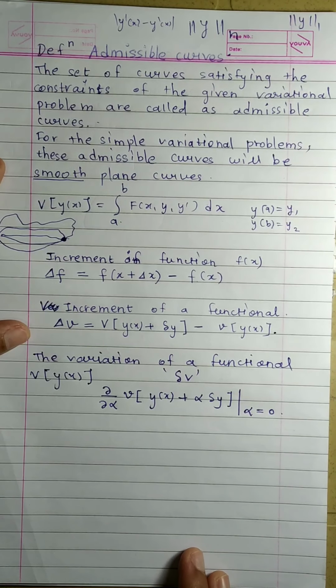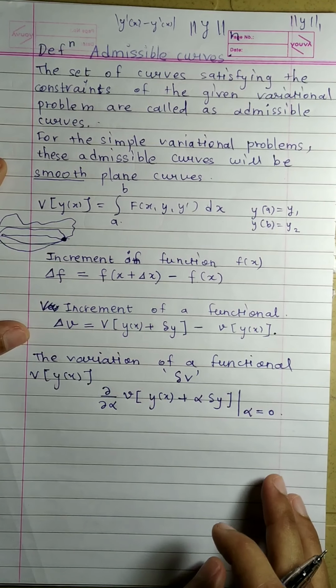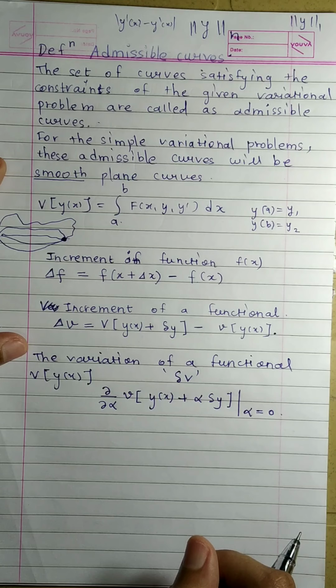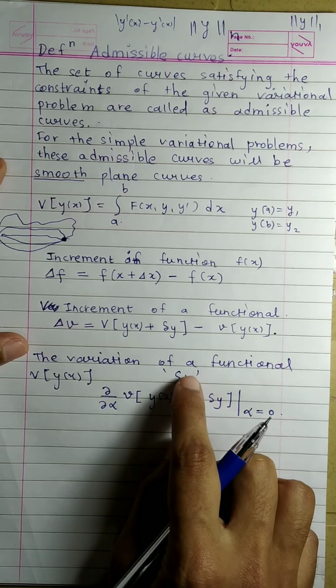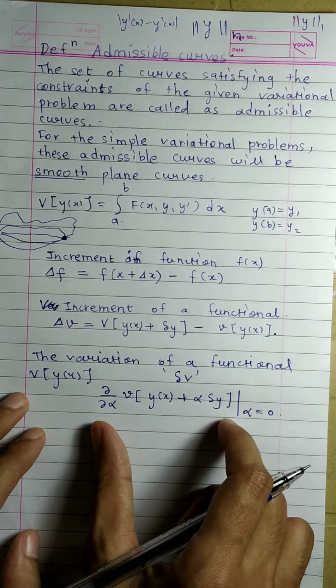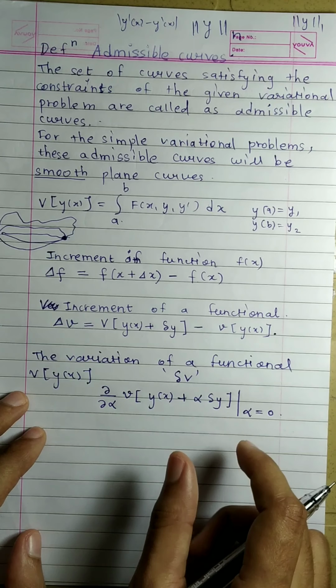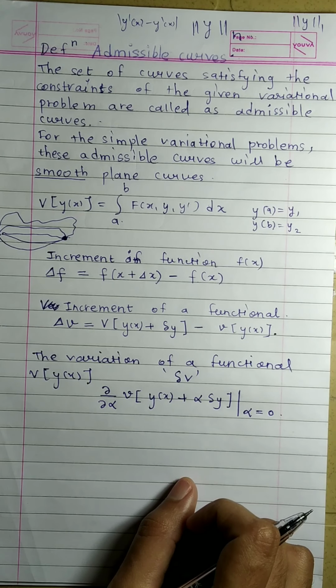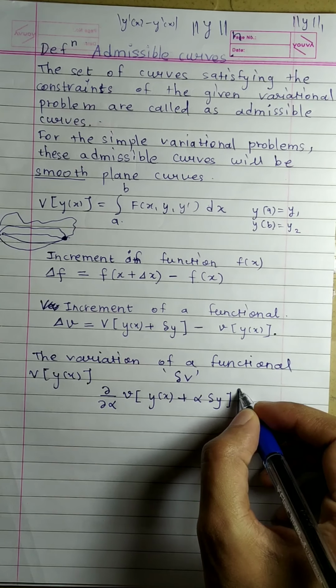Once I start proving the theorem or deriving the condition, you will understand why this variation, that means this quantity, is defined to be like this.